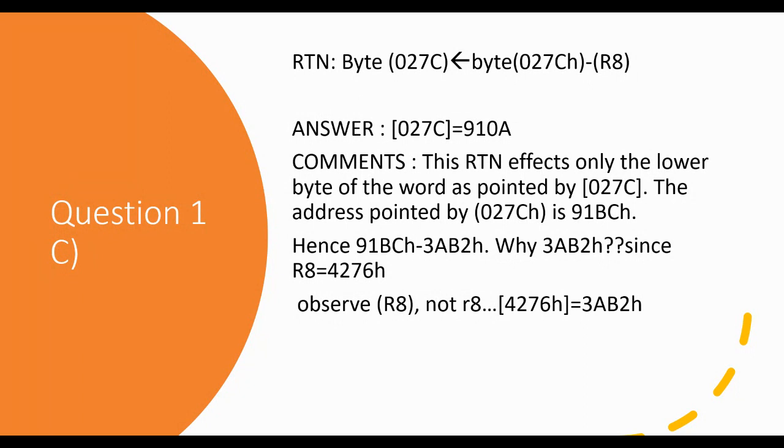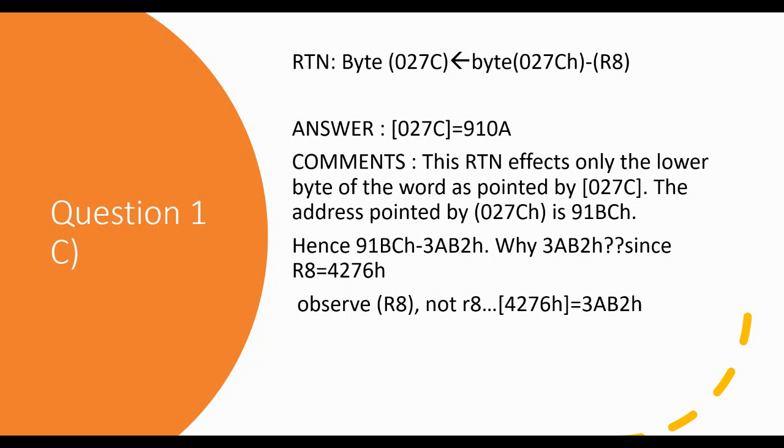If you do this calculation, 91BC minus 3AB2, you end with something 0A. So the last two bytes is 0A. If you punch in the calculator, you will get XX0A. The XX is something you can do the calculation yourself. But we are not interested in the upper half. We are only interested in the lower half.